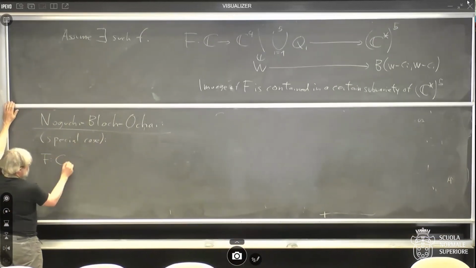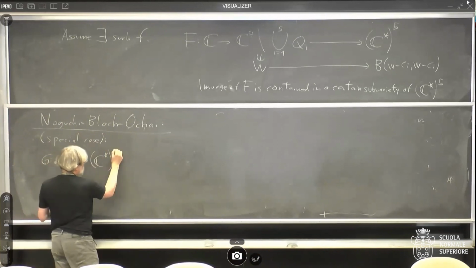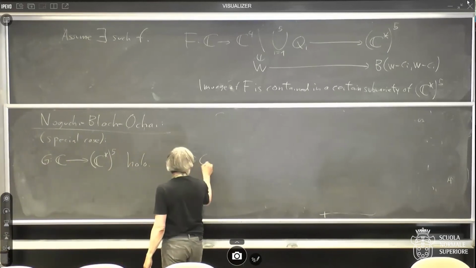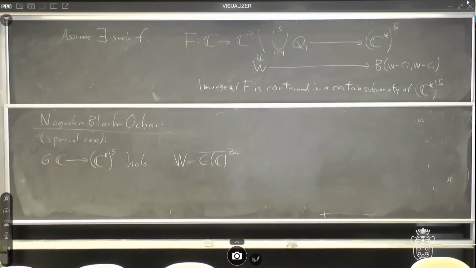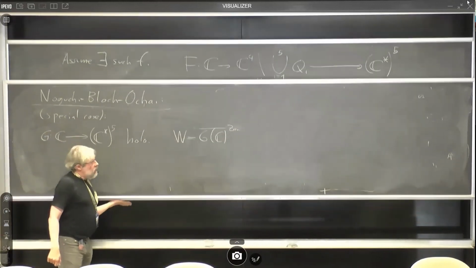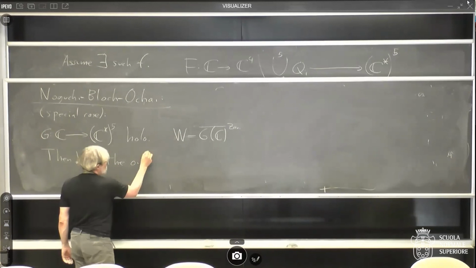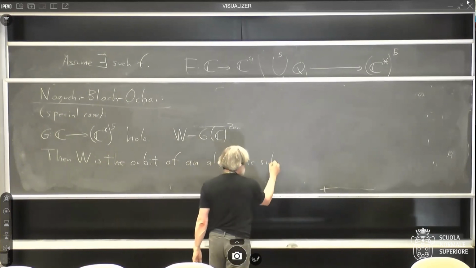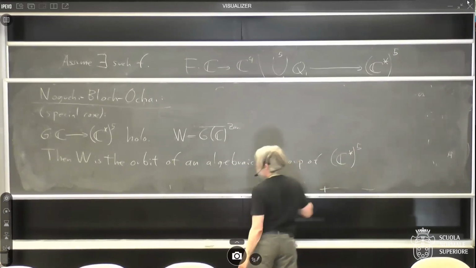If you have any holomorphic map from C to G, let's say C star to the power 5, and we take the image and its Zariski closure, so the smallest algebraic subvariety which contains the image, where I really mean the algebraic Zariski topology, then the statement is that W is the orbit of an algebraic subgroup of our group C star to the power 5.